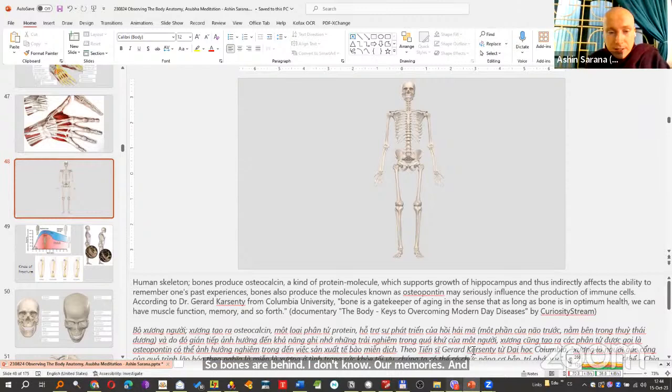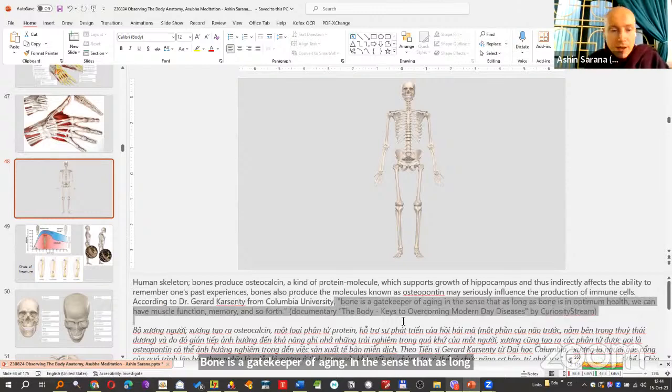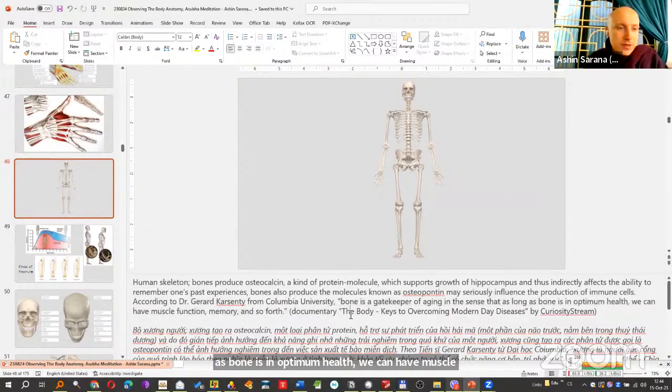So a doctor, Dr. Gerard Karsenty from Columbia University says, bone is a gatekeeper of aging in the sense that as long as bone is in optimum health, we can have muscle function, memory, and so forth. So bones are very important, and so we need to maintain them very healthy.